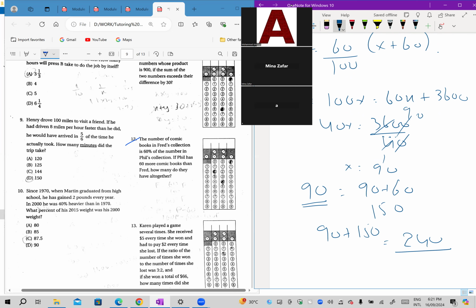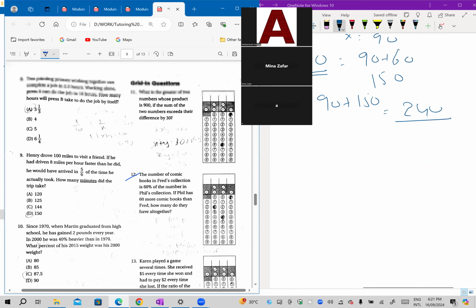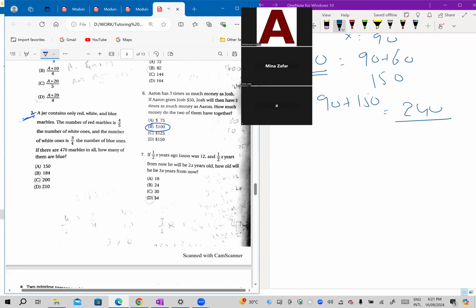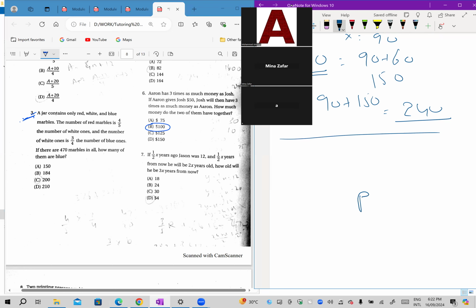Sir, can you explain question 7? Question 7 पीछे कहाँ से देखें हम लोग? Okay. If half x years ago Jason was 12 and half x years from now he will be 2x. Now let's call the present age p. If you move back half x years, Jason was 12.